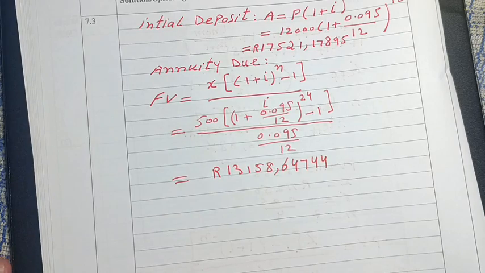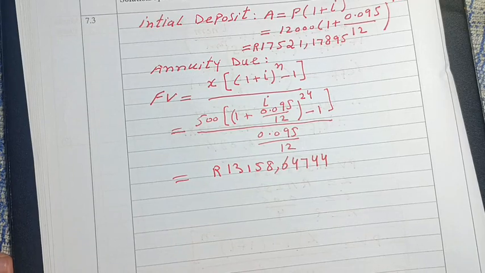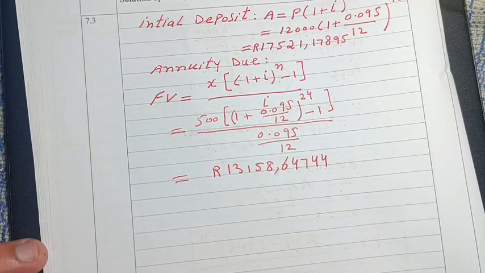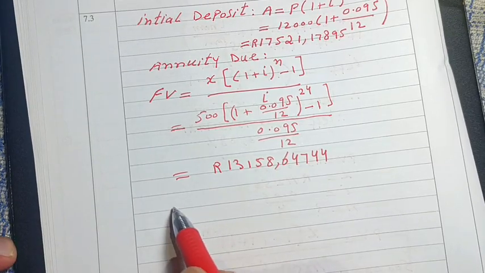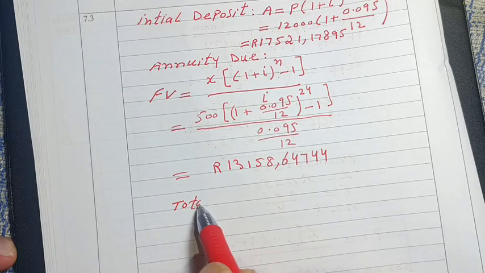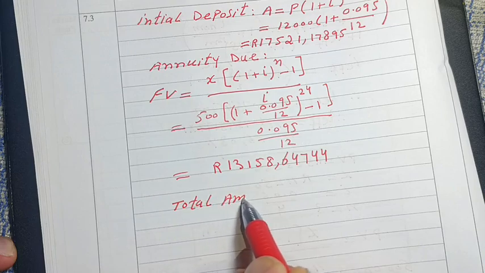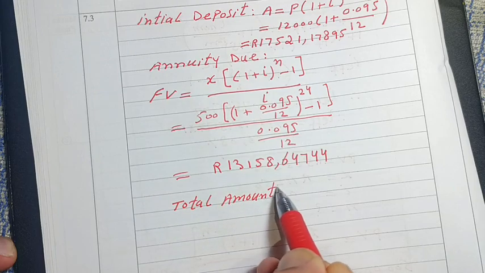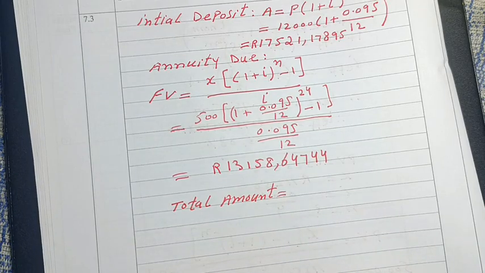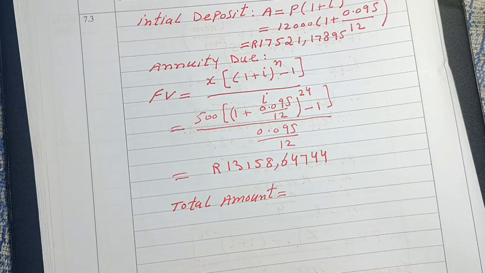Now the total amount, because the question says calculate the total amount. Remember, the question says calculate how much money was in the account immediately after the deposit of 500 is made on 1st March 2025, exactly 4 full years after her initial deposit.